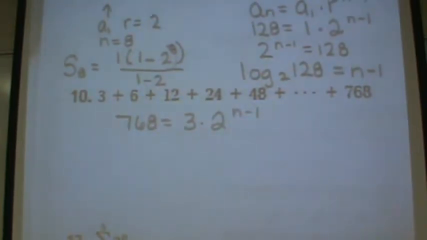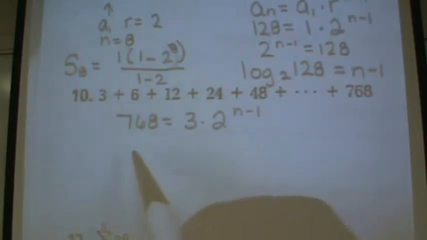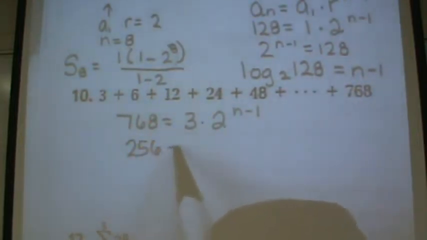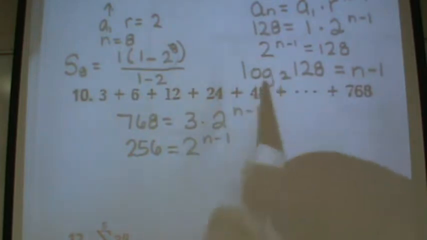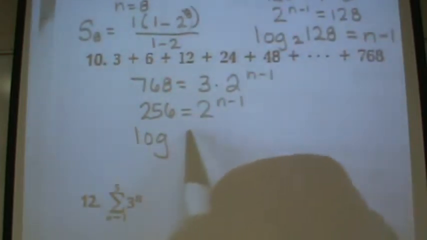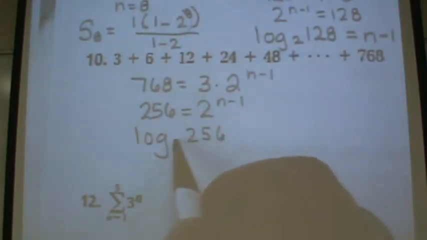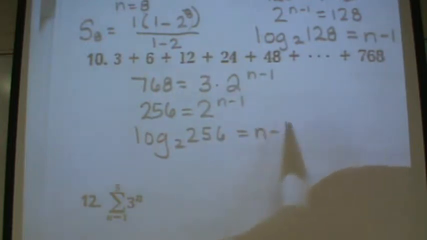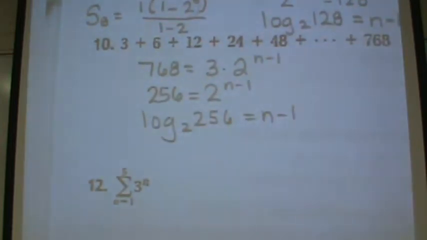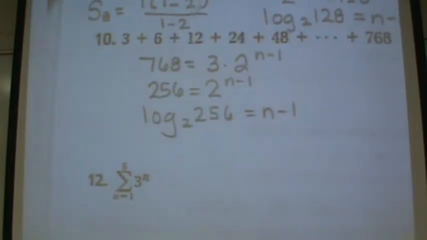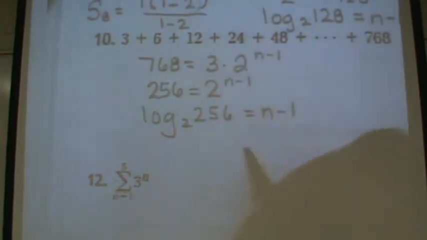What do you get? 256. Log of 256 base 2 is n minus 1. What do you get? I got 8. And then add 1, you get 9.